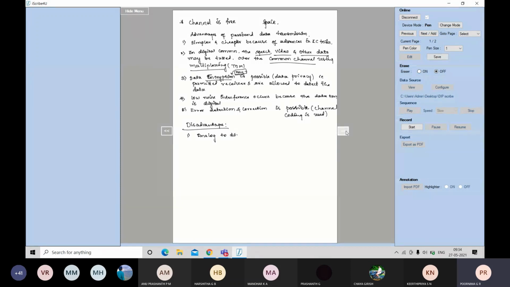Analog to digital conversion always converts a simpler analog signal having a low data rate into a higher data rate after converting into digital data. So that is one disadvantage we can see with respect to digital or passband signaling. Due to analog to digital conversion, the data rate becomes very high.